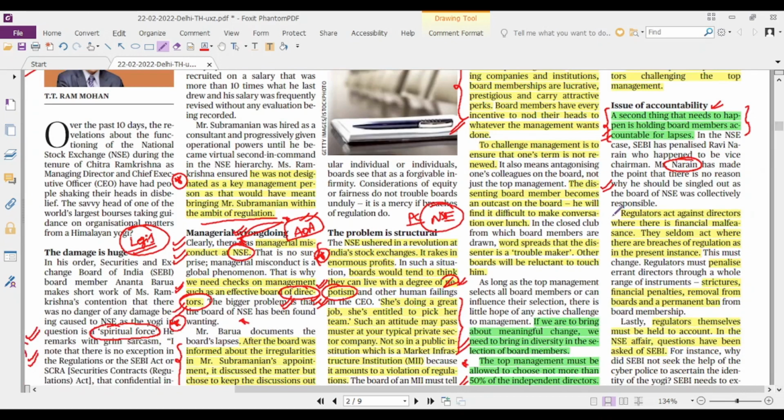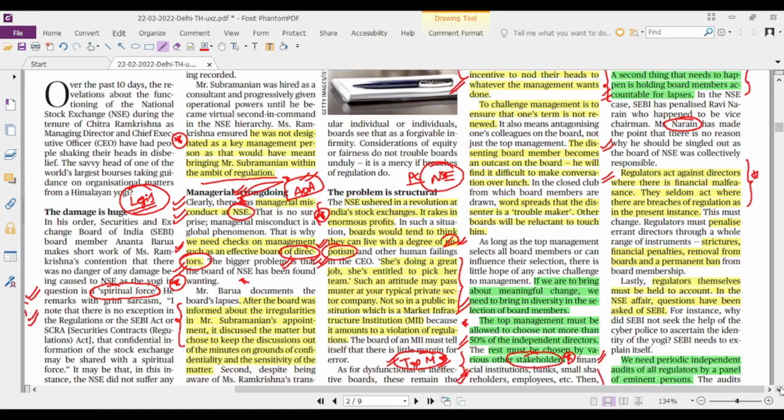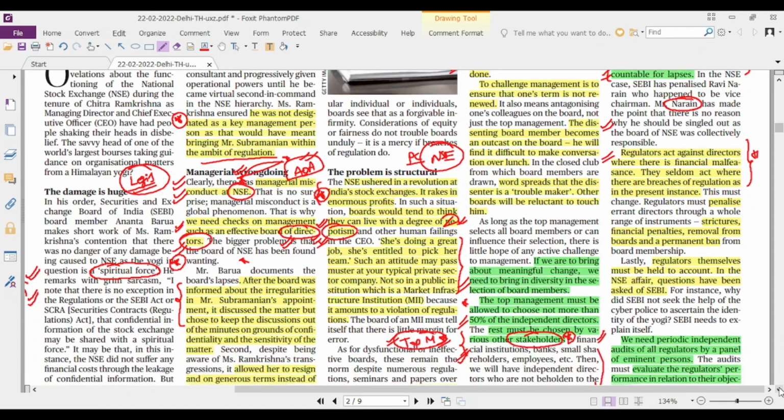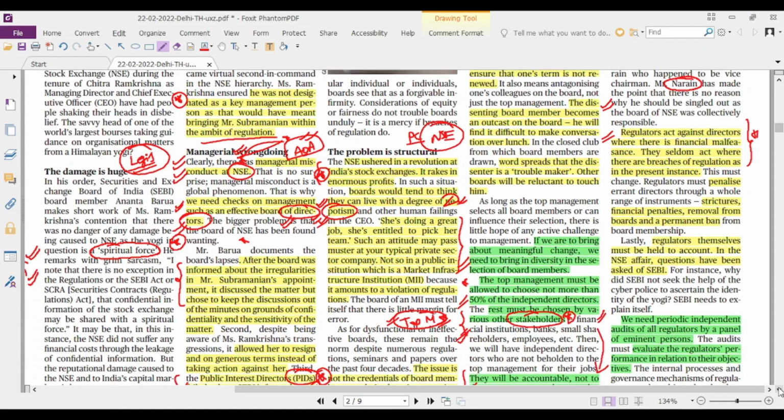And the author also says that, why didn't SEBI take strict actions till now? Even the independent audit has to take place of the regulator. Once in a while, a group of eminent people have to regulate even the regulators, so that the reputation of the regulators would stay intact and the regulators also do their job correctly.